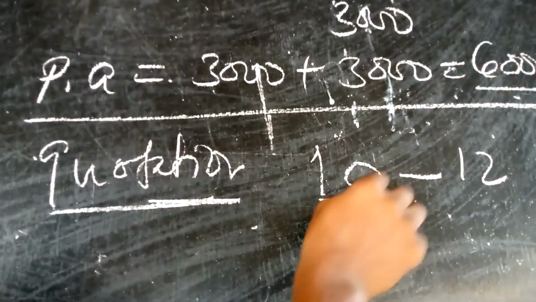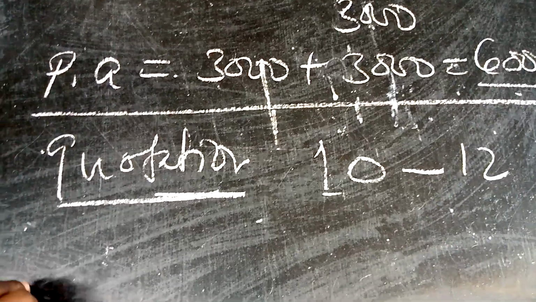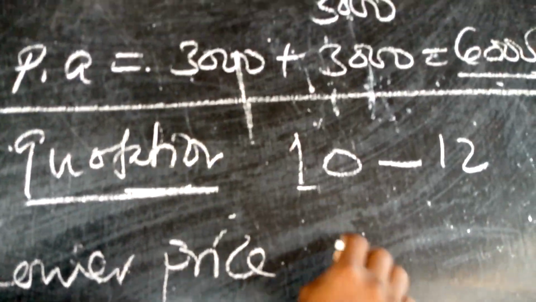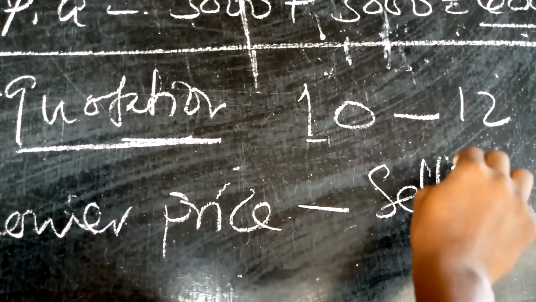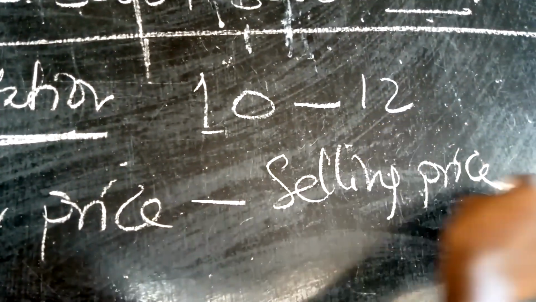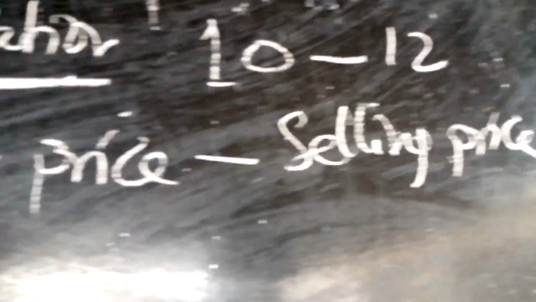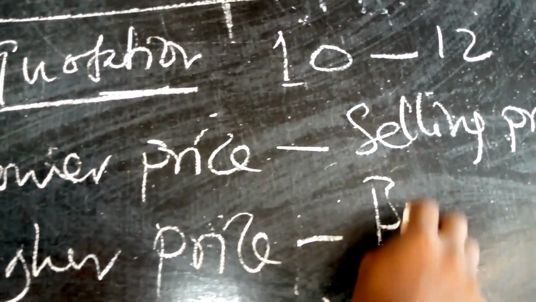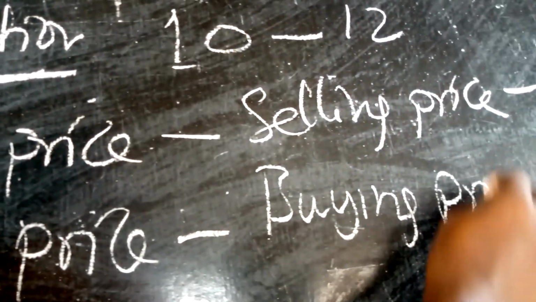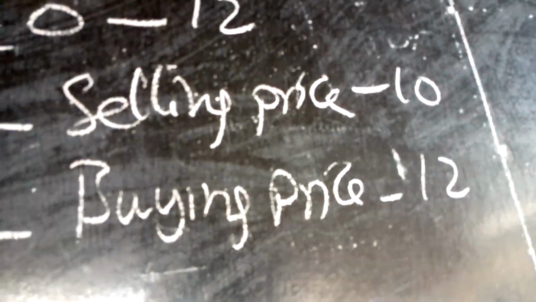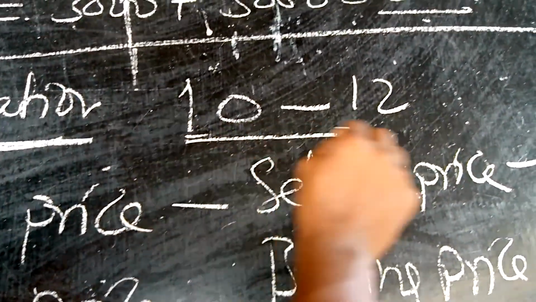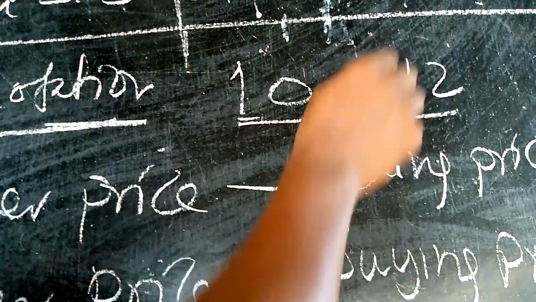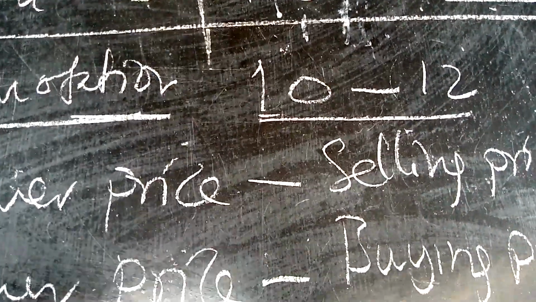In order to know which one is for buying and which one is for selling, the low price is always the selling price, which in this case is 10, and the higher price is the buying price, which in this case is 12. So when you are given 10 to 12 as a price, you have to know that 10 is the selling price and 12 is the buying price.